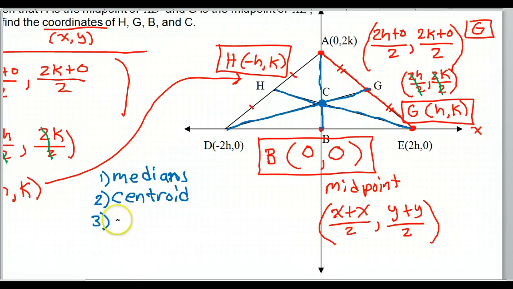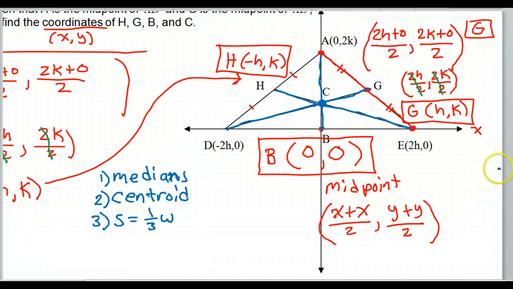Formulas like the fact that each median is divided into a big piece and a small piece in such a way that, for example, the small piece is 1/3 of the whole thing. And so that was one of those formulas. And remember how we used to take the whole length and divide it up into 3 equal pieces?